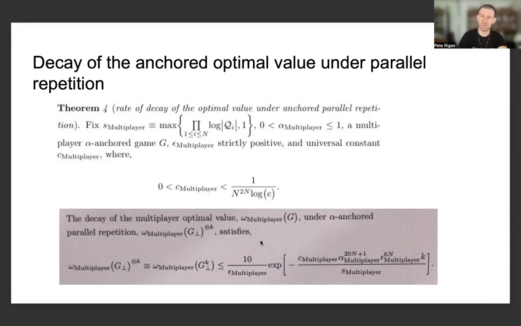So this epsilon factor to the exponential decay, where the actual power of the exponential decay is dependent upon C multiplayer, alpha multiplayer raised to 20 n plus 1, namely some quantity that's proportional to the number of players big N.